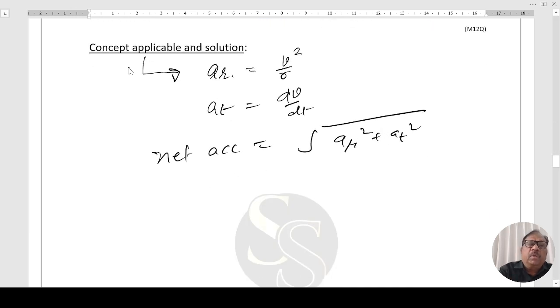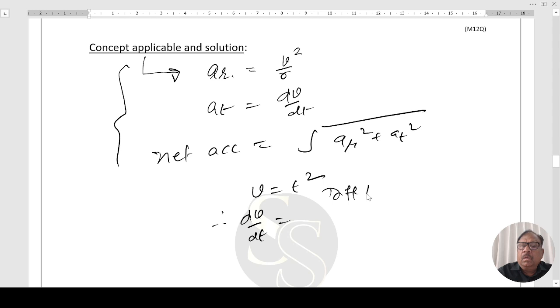Now using these formulas, as given to you v equal to t square, therefore dv by dt, differentiating both sides with respect to t, equal to 2t.